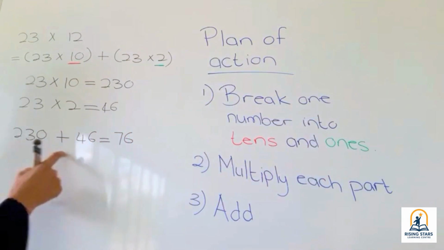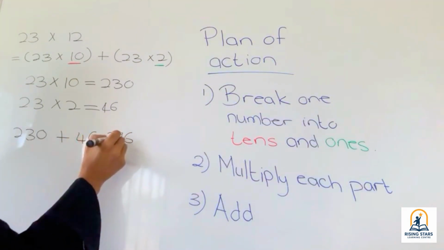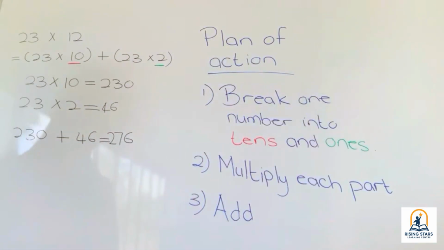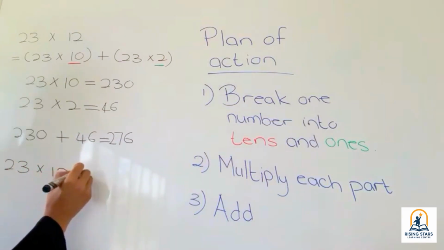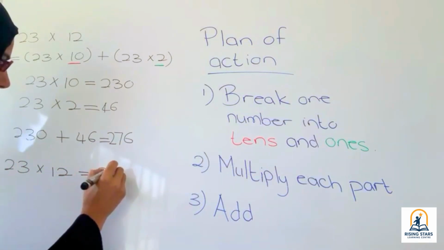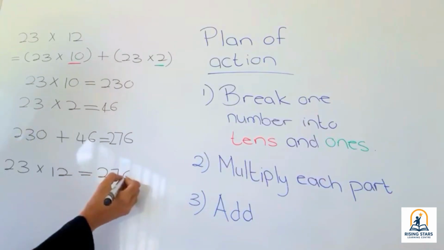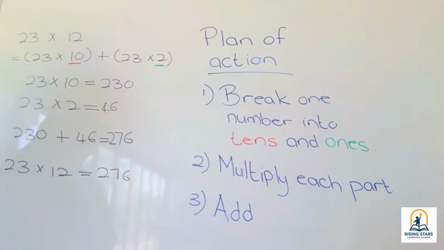And 2 plus 0 is 2. Okay, so our answer is 276. All right, so we say 23 times 12 equals 276. Easy, right?